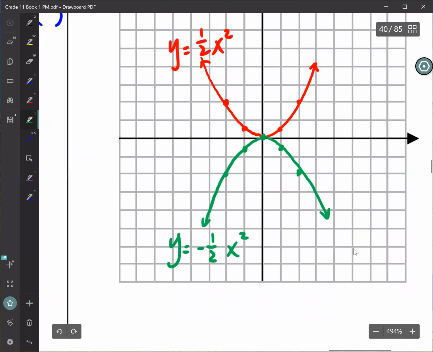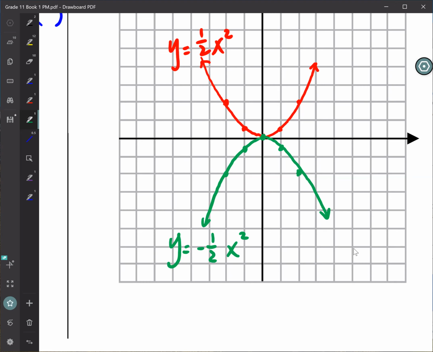So when you describe the green graph, you still say it opens down, right? Because A is negative. And when you describe the compression, you still say it's compressed by half, okay? Please do not say compressed by negative half.